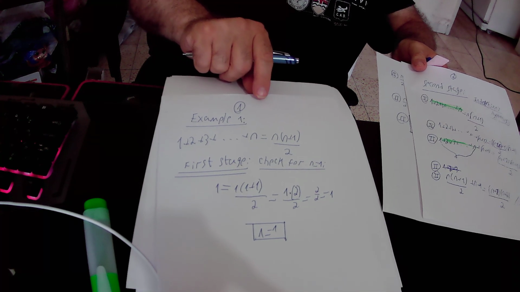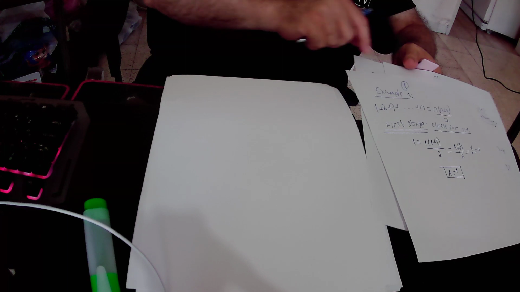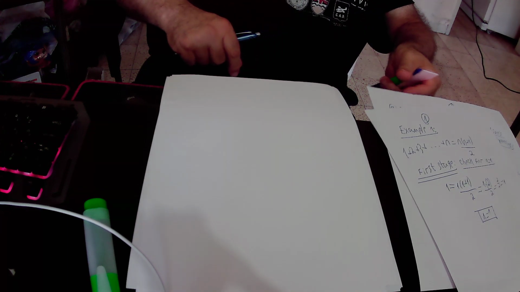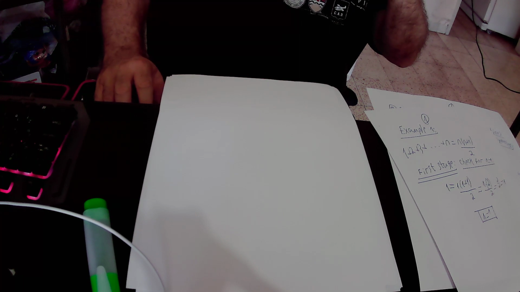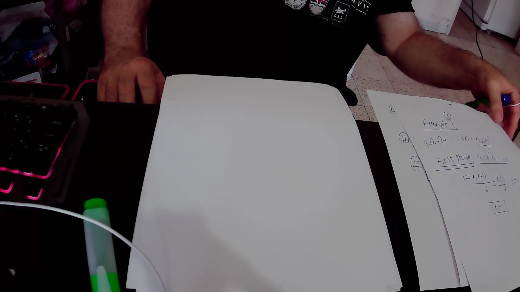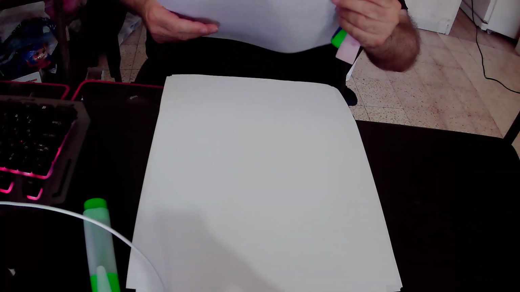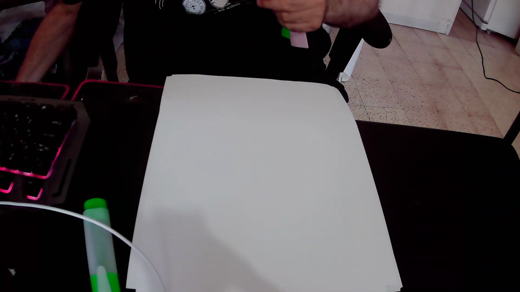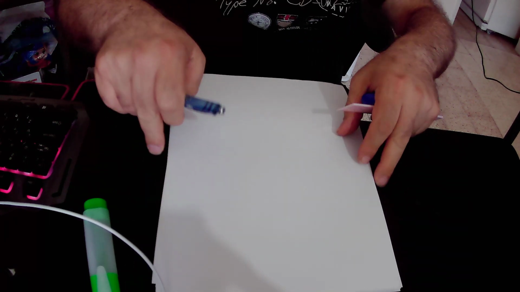Okay, and I have already explained to you why it is true for all the natural numbers, so I will not repeat that explanation. Okay, and now we will move to the second example.